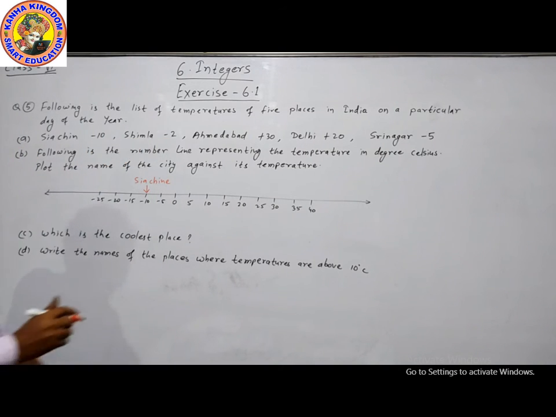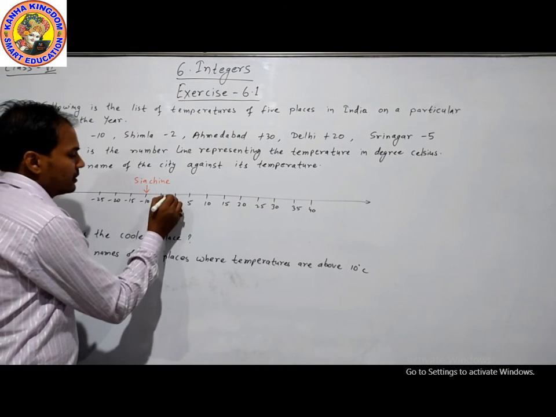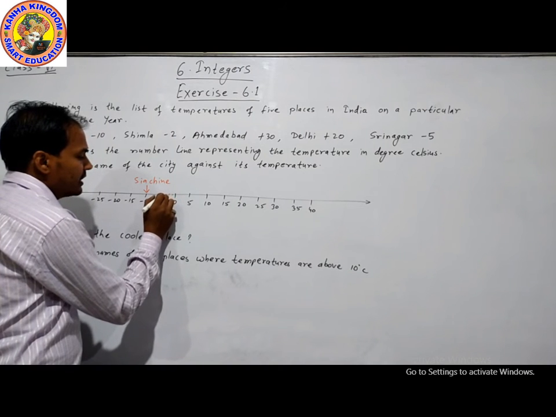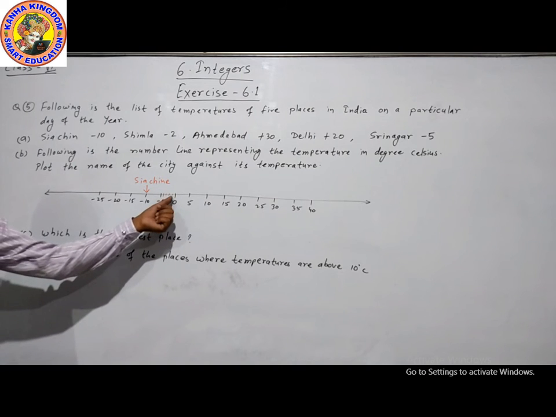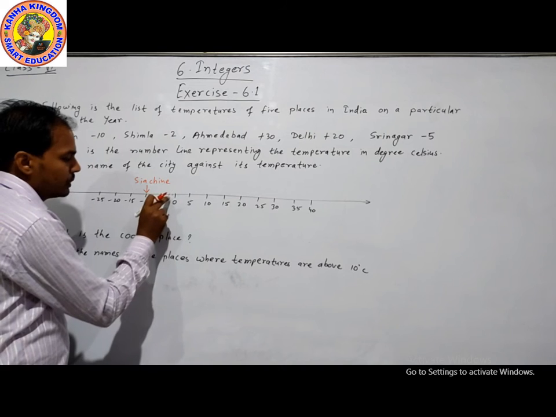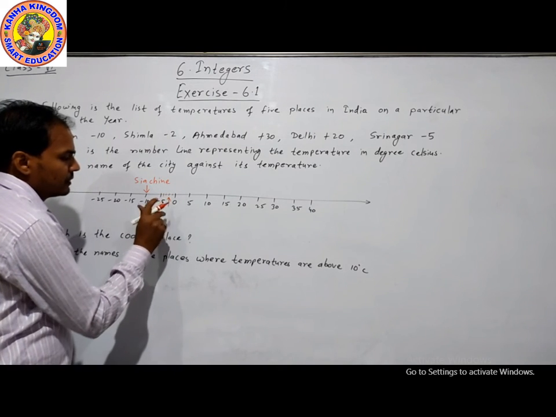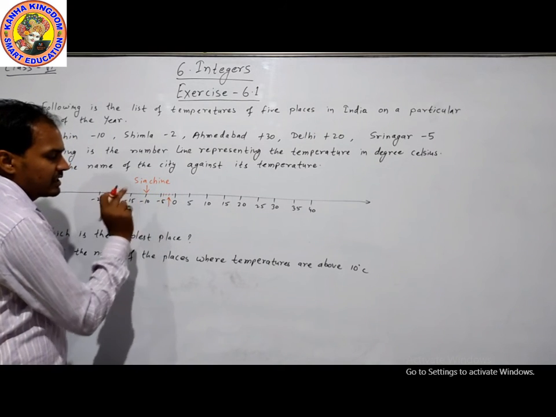Shimla is minus 2. In this number line, which is equally divided in 5 parts, here is 0, minus 1, minus 2, minus 3, minus 4 and minus 5.